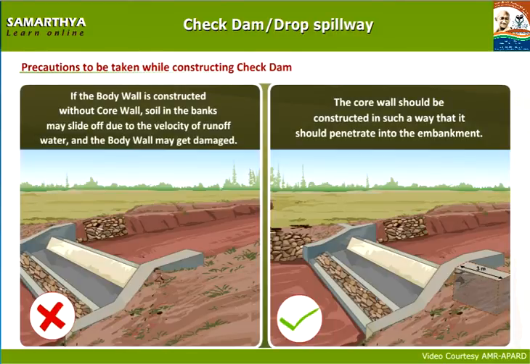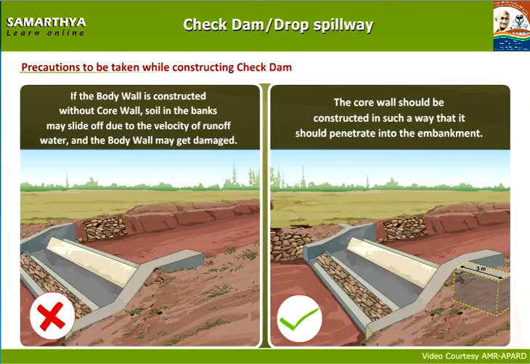If the body wall is constructed without core wall, soil in the banks may slide off due to the velocity of runoff water, and the body wall may get damaged.